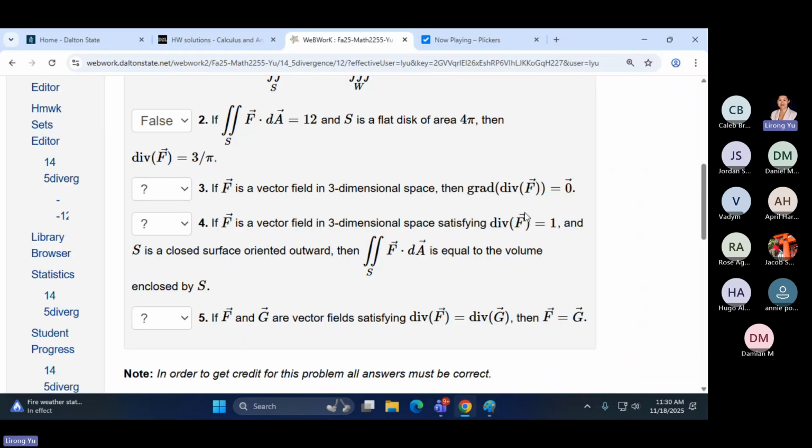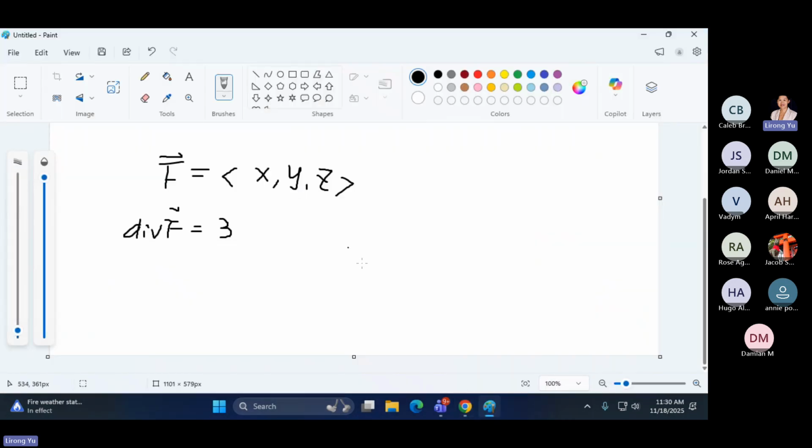So the gradient of the divergence of any vector field is the gradient of a single function, differentiating the function with respect to every variable. I probably picked out a wrong example. Just try to determine if this statement is correct. Let's try F equal to xy, y squared, and z squared.